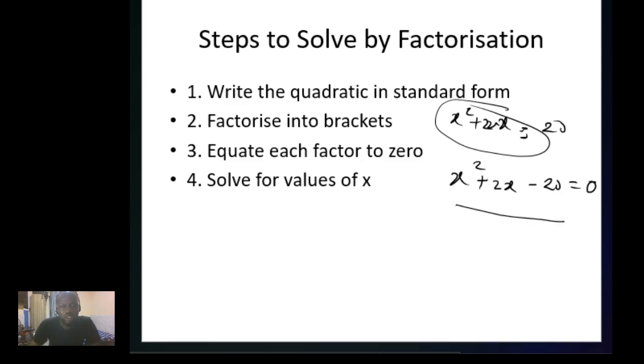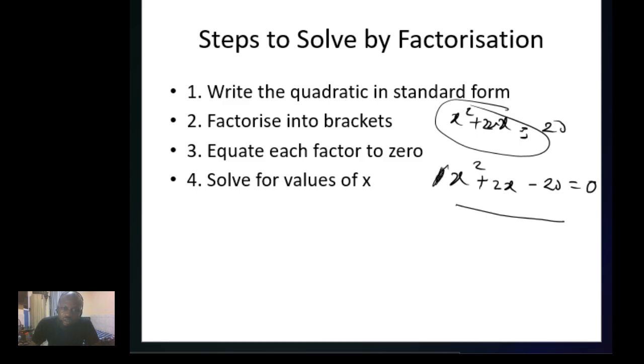So the next thing, you have to factorize into brackets. The one I solved earlier is a monic quadratic equation. Now, what do we mean by monic quadratic equation? An equation that has the coefficient of x squared to be 1.